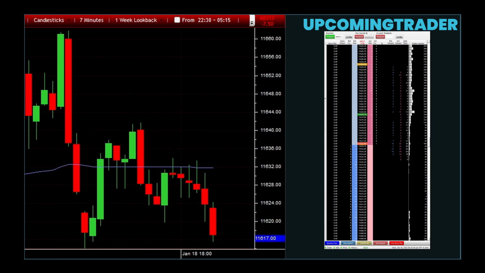When it comes to flags and pennants, the consolidation phase tends to have lower volume, and it is best to place stop losses just outside the flag or pennant structure. This placement should be near a low volume node, as a breakout through this level could indicate a shift in market dynamics.